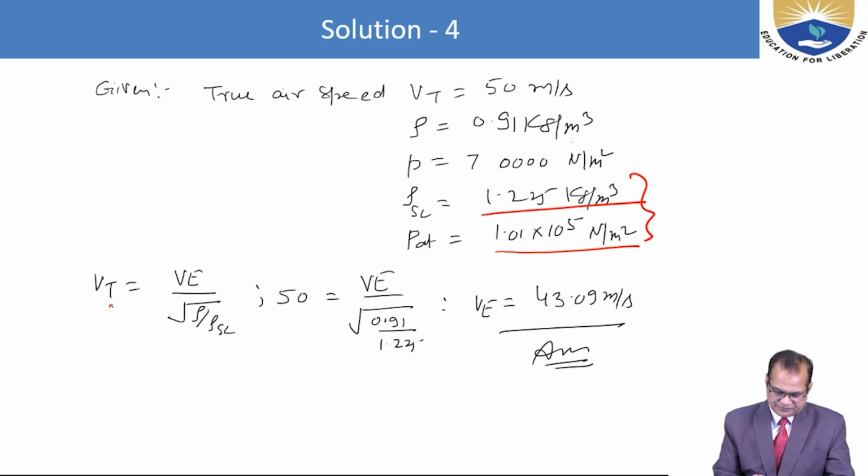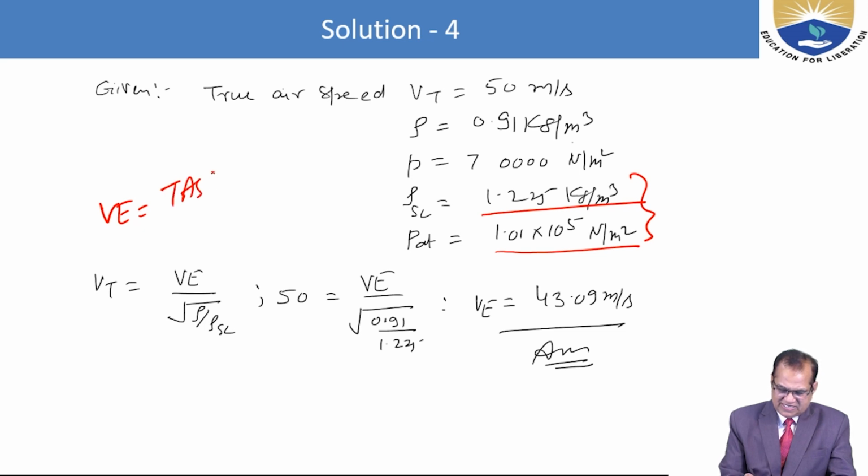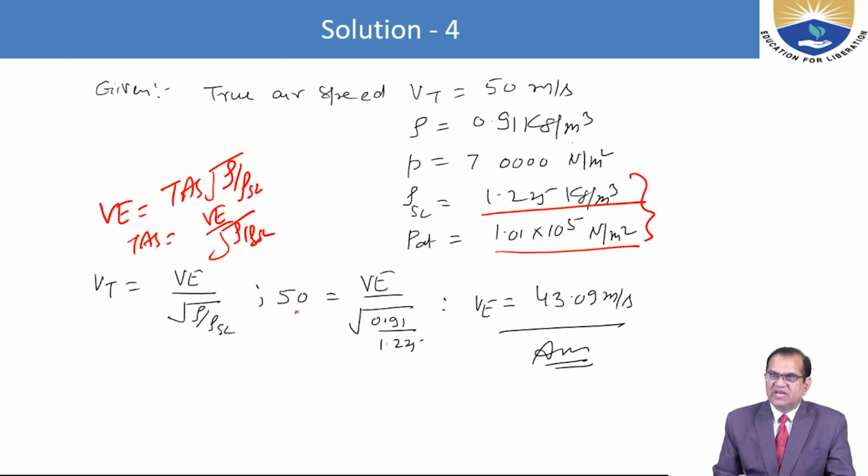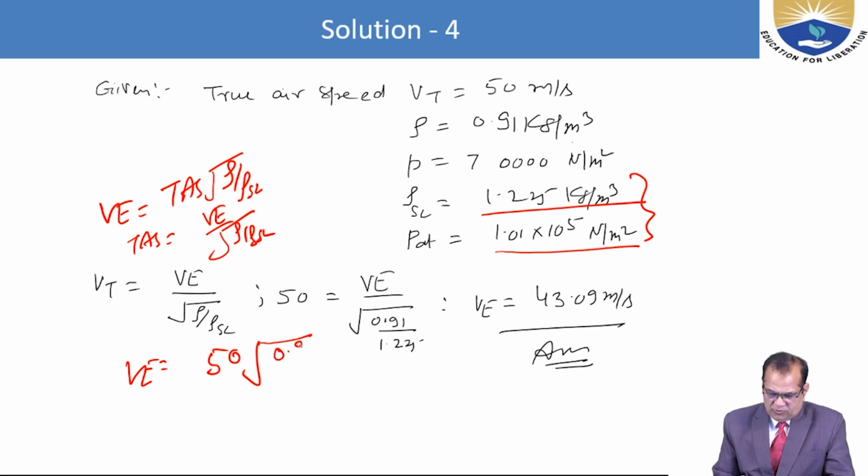So we know that VE is equal to TAS times square root of rho by rho SL. Here we have to find out the VE. So VE is equal to true airspeed 50 times square root of 0.91 divided by 1.225.